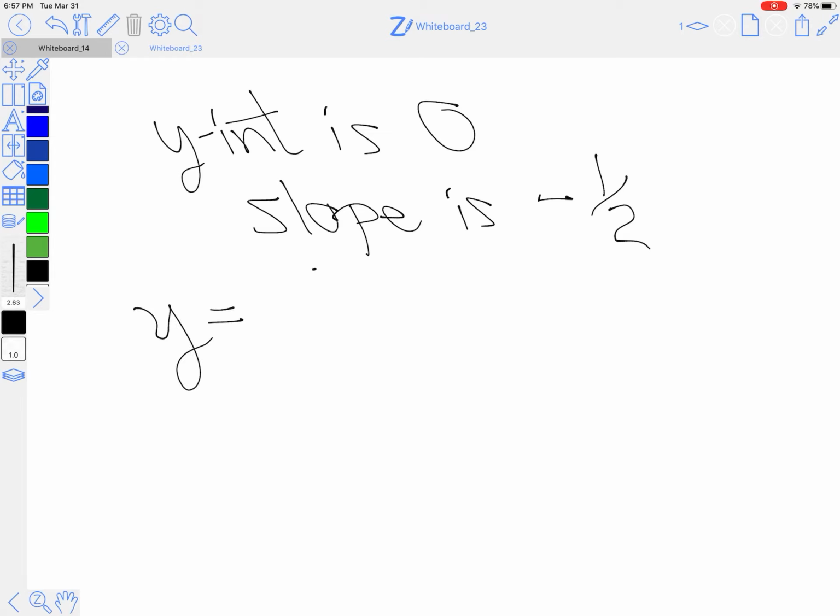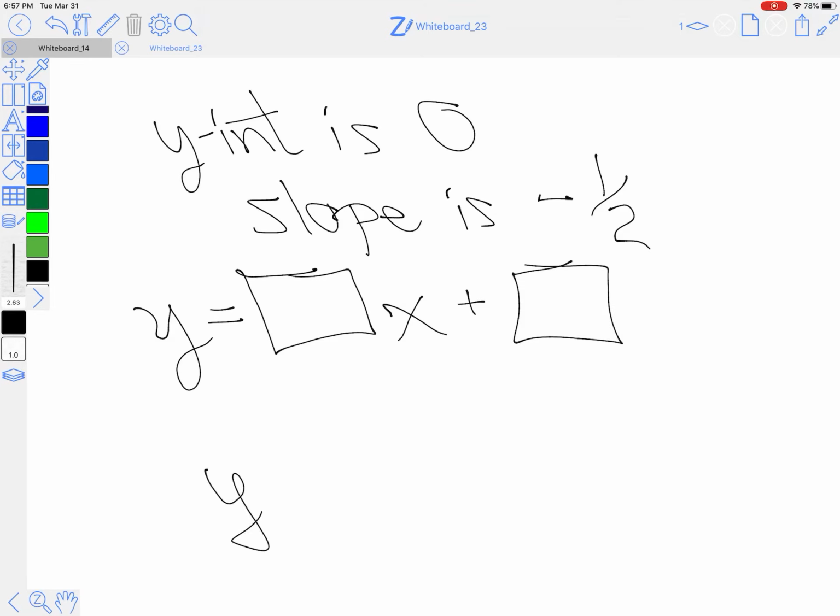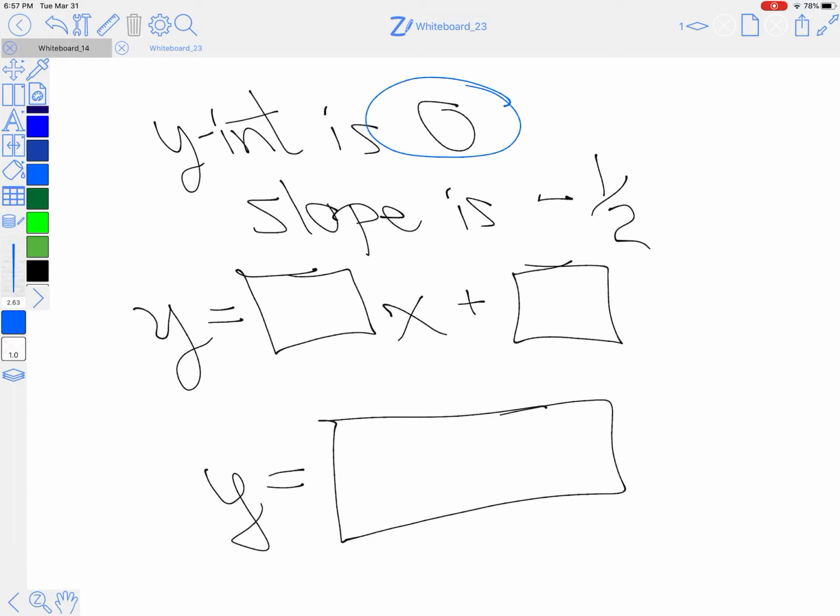They could say y equals blank spot x plus blank spot, or they could just say you write the whole answer. First part is the easy one. If y-intercept is 0, make sure you remember that that goes in the second box. Y-intercept is always in the second box. Slope is -1/2. Make sure you include the negative sign. -1/2.